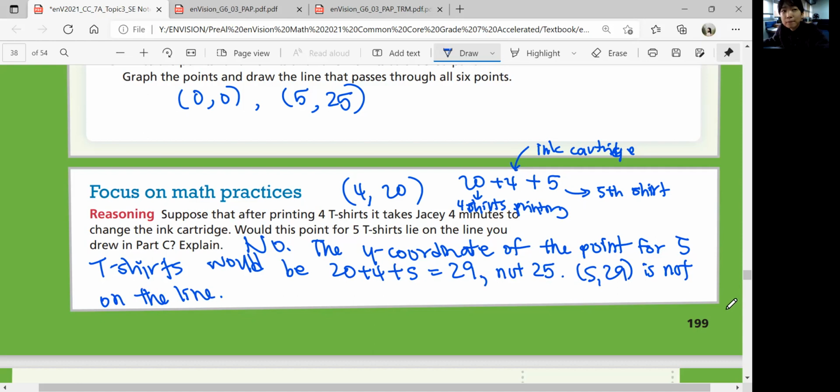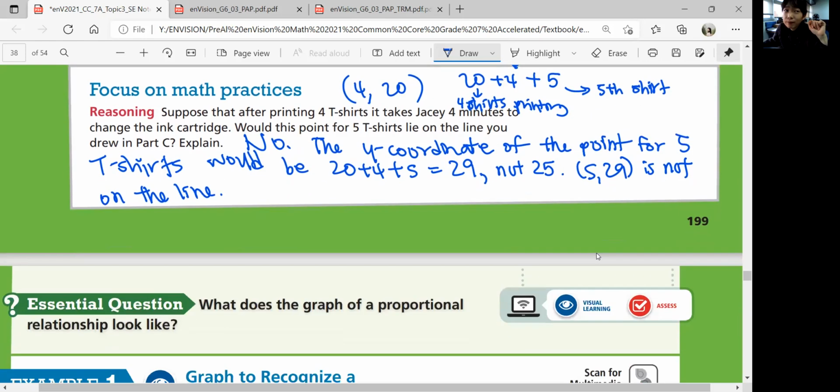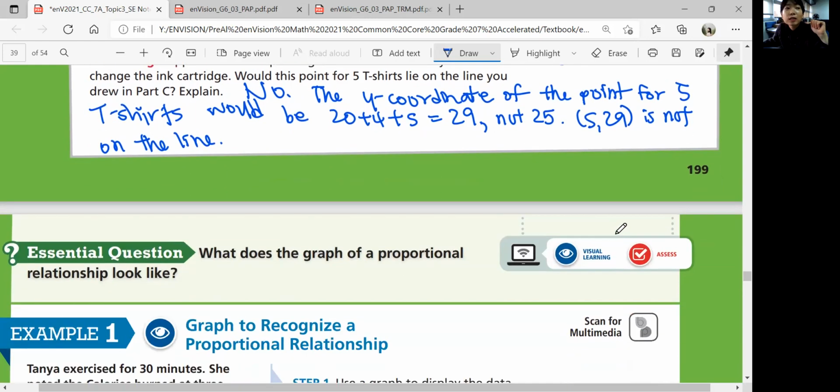Okay. So this only works when we have a constant rate of change throughout the whole situation. Okay, if we have some changes in between or we need to add an extra minute, it's going to mess up the straight line.